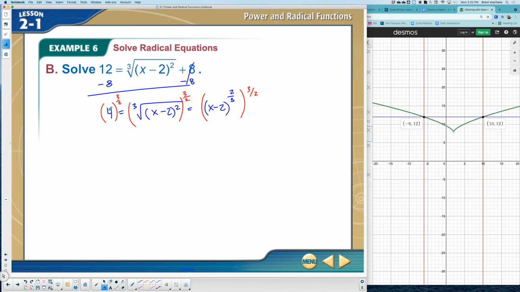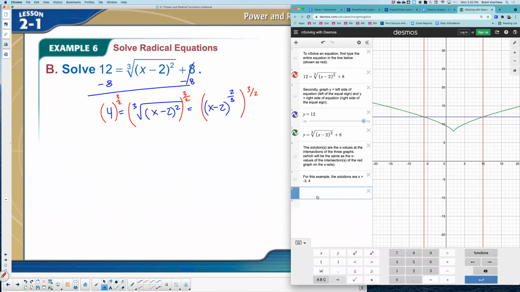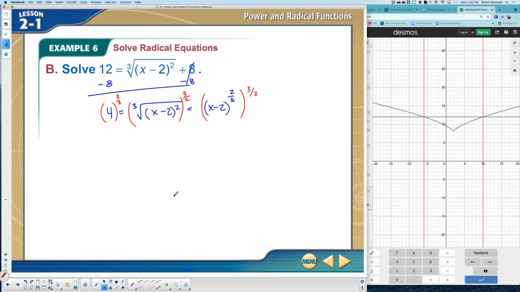So 4 to the 3/2. You could think of 4 cubed, 4 times 4 times 4, would be 16 times 4 is 64, and then you take the square root of 64, which is going to be 8. That's going to be the number where you get there. But in case you don't know, I'll just prove it over here. 4 to the power of 3/2 is 8. So mathematically what just happened there is you take 4 times 4 times 4.